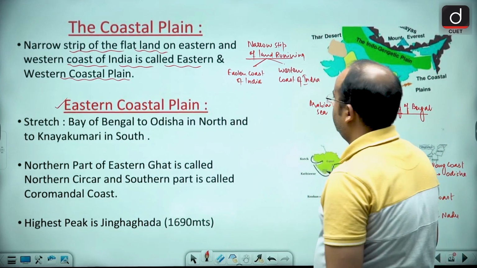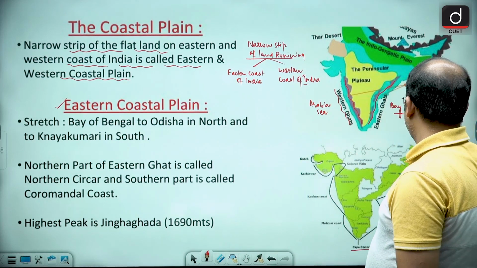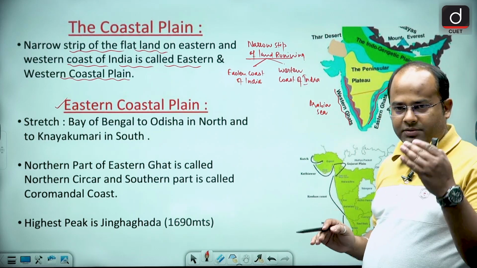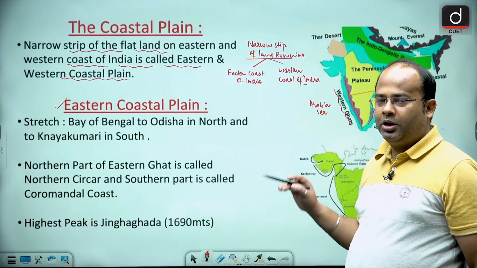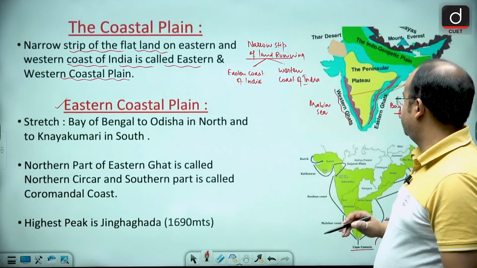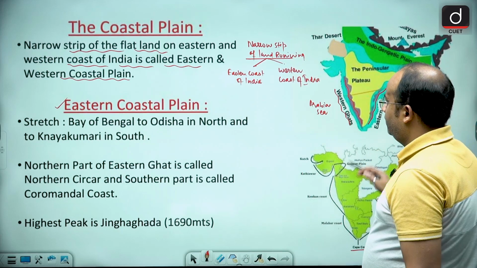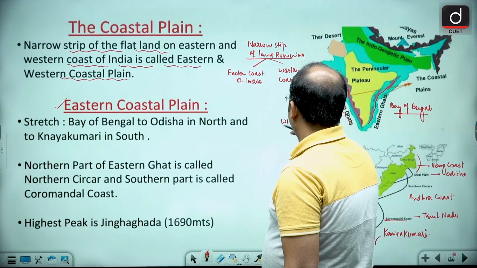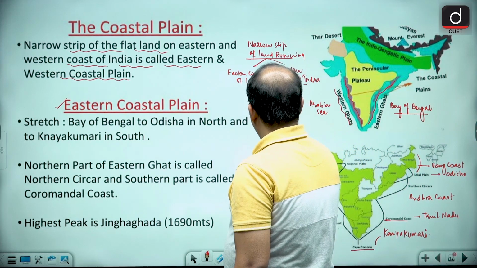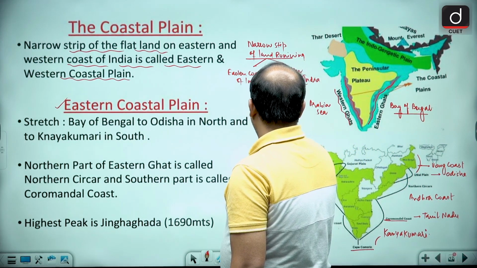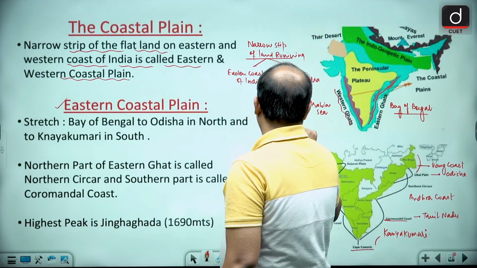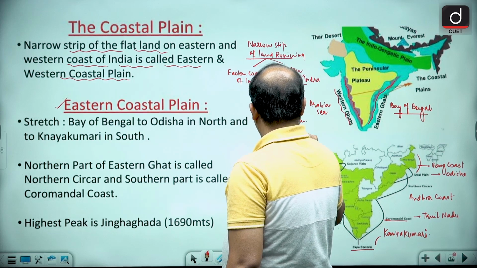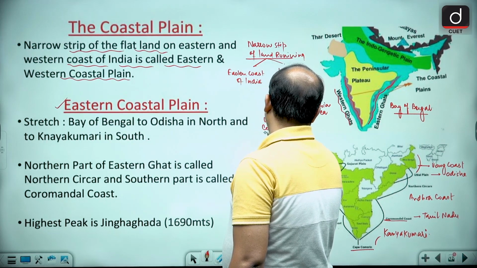Cape Comorin, called Kanyakumari. Now guys, this stretches from the Bay of Bengal, that is from Bengal, till Tamil Nadu, and it is divided into two parts. So this whole eastern coastal plain is divided into two parts.